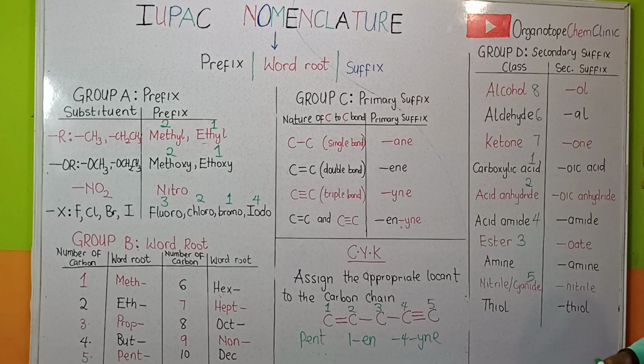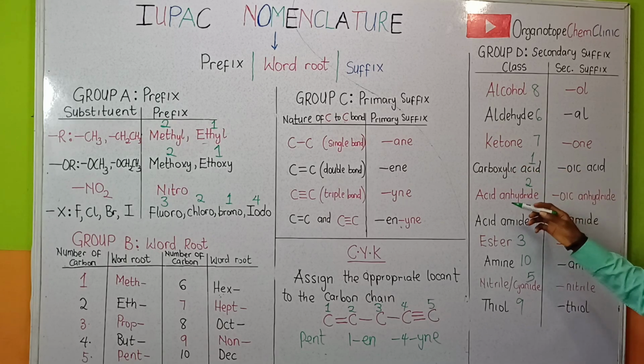After the alcohol, we have the thiol, which is number 9. After the thiol, then the last one in this series is the amine. Okay, makes sense? So the functional group on this table with the highest priority is the carboxylic acid.